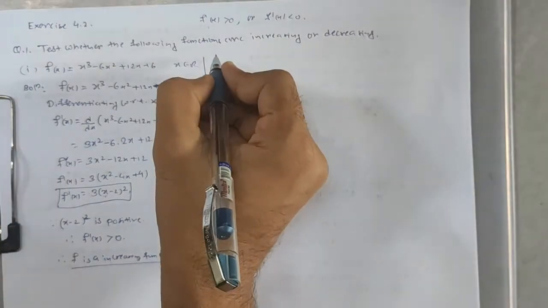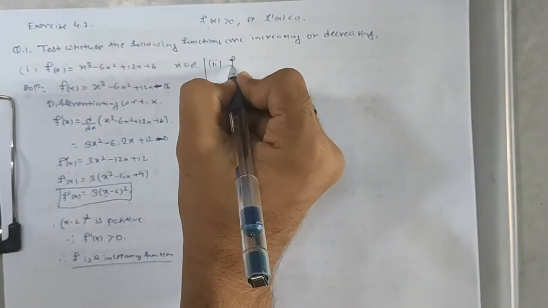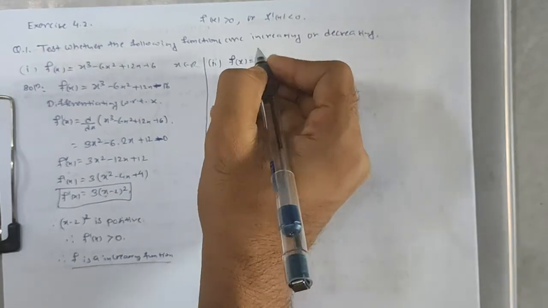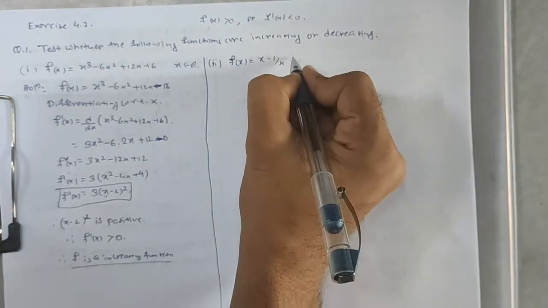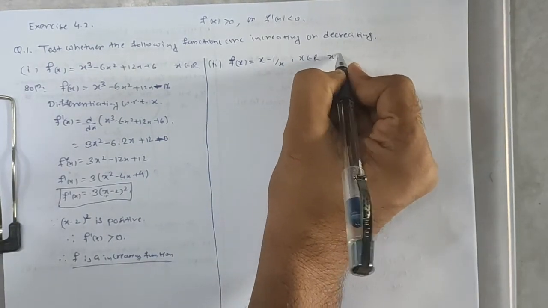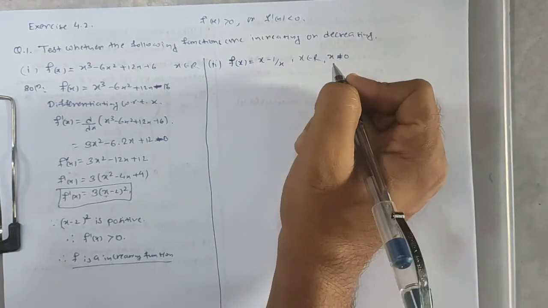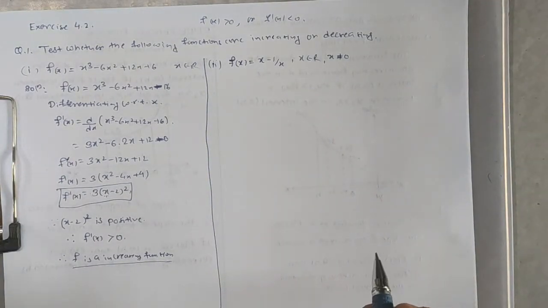Now the second sub question of question number 1: f of x is given as x minus 1 by x, where x belongs to real numbers and x must not be equal to 0. So here again what we have to show is either increasing or decreasing.